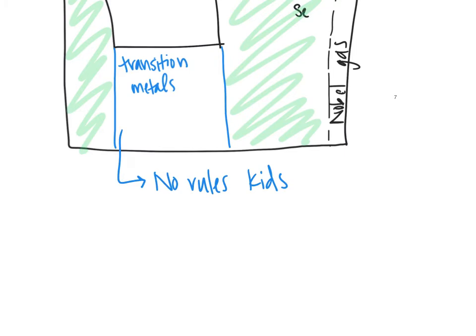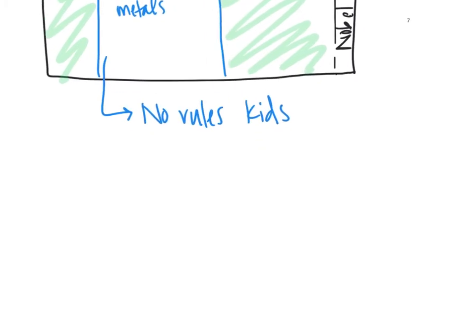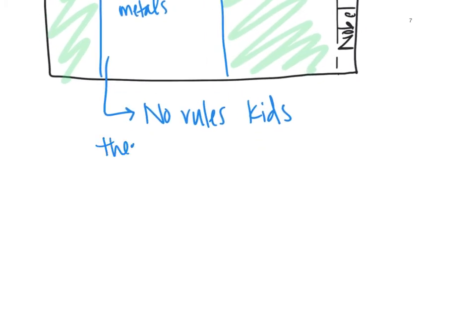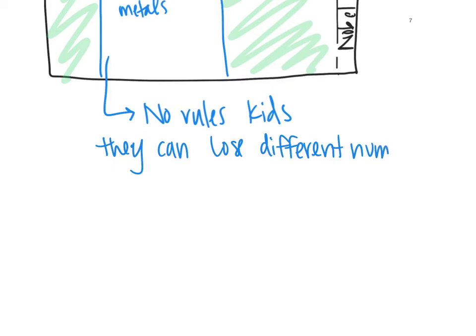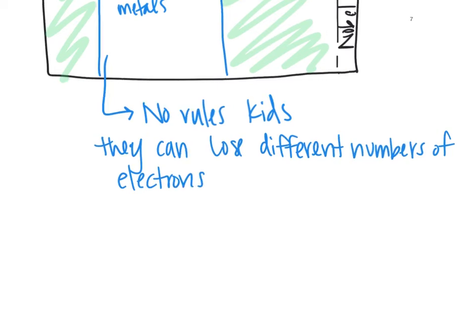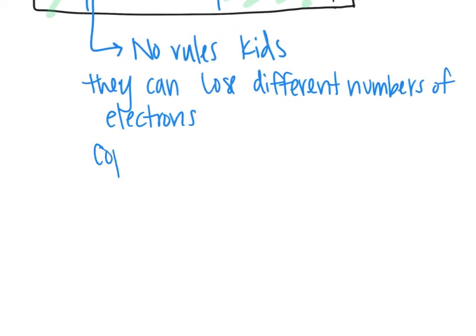Transition metals have the ability to lose different numbers of electrons. So for copper, we can have copper plus, and we can have copper 2 plus.